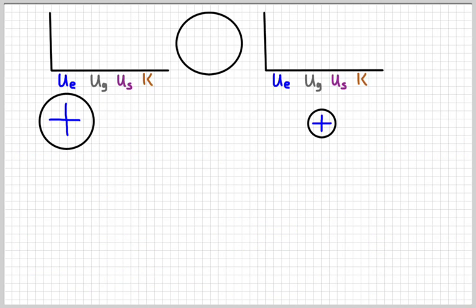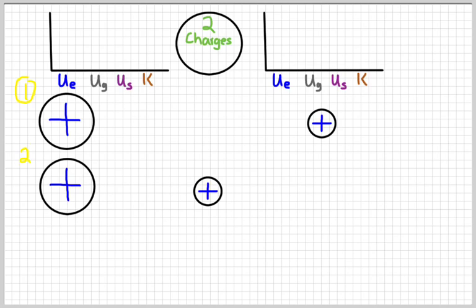So if we do one of these LOL diagrams or energy bar charts, the system would consist of the two charges. I'm going to say that state 1 was the original when they're far apart. State 2 is when we push the small one closer to the big one. In state 1, the energy is equal to 0.